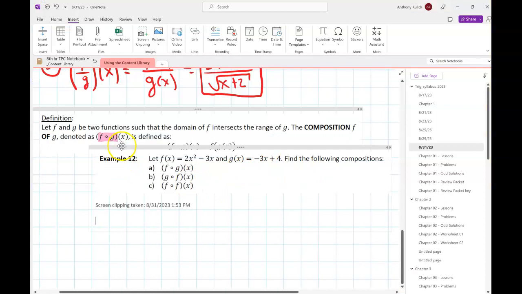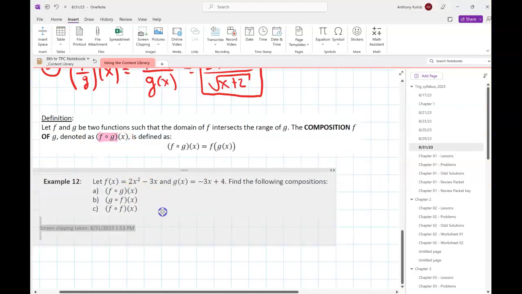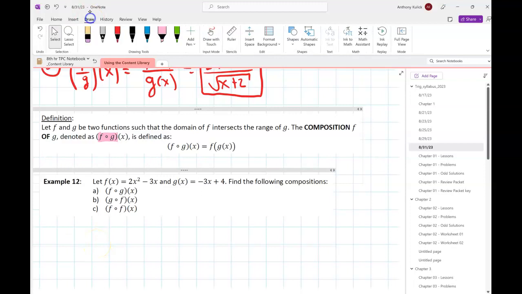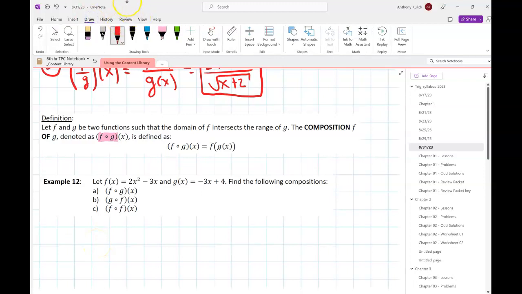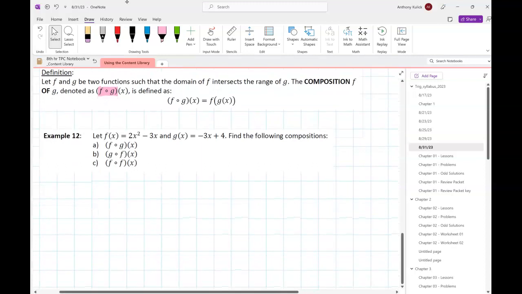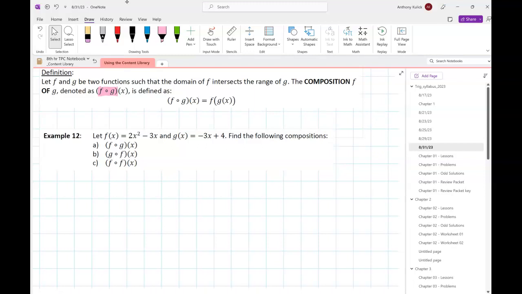When I say this word, composition, does that ring a bell from last year now? Maybe, maybe not. Some of us had like 3 math teachers last year, so if some stuff got lost in the midst of 3 different math teachers in 1 year, I get it.